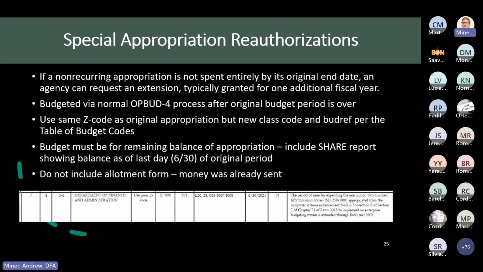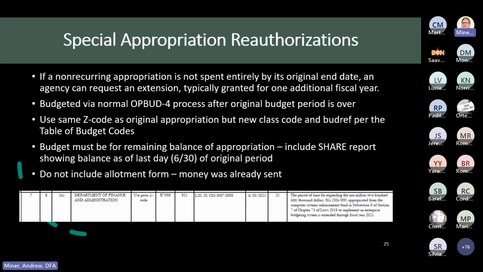So we try to start working on it as soon as the budget is passed, but before the budget is signed, because we have that 3-week signing period, which we can work on that. But we can't do anything about it in SHARE until the budget is actually law. So until it's actually signed by the governor.